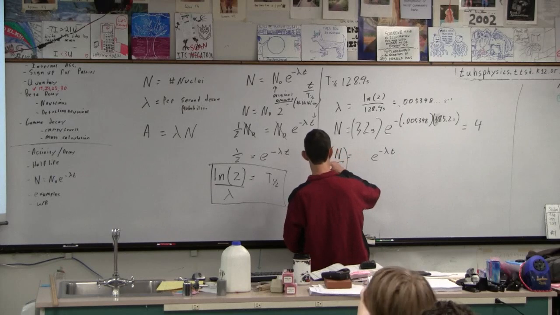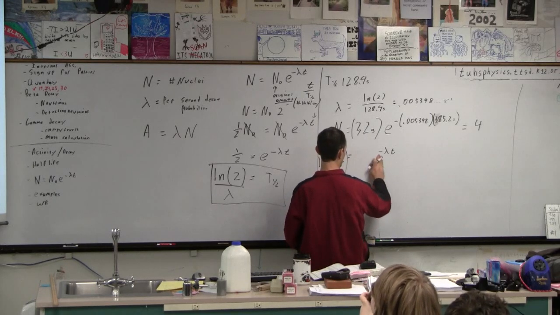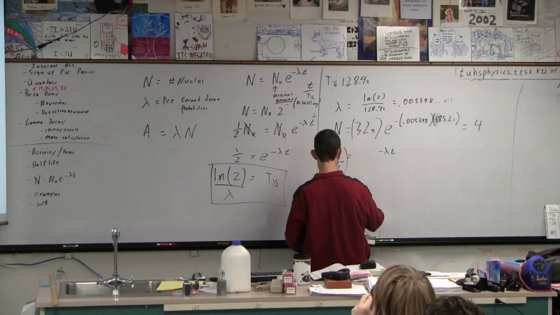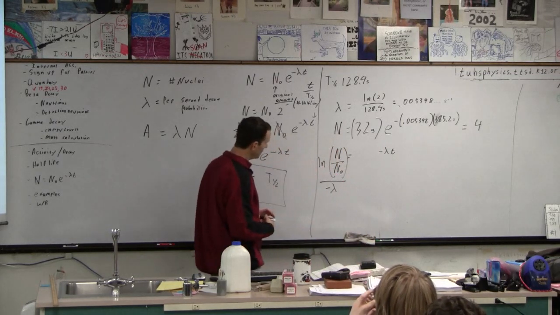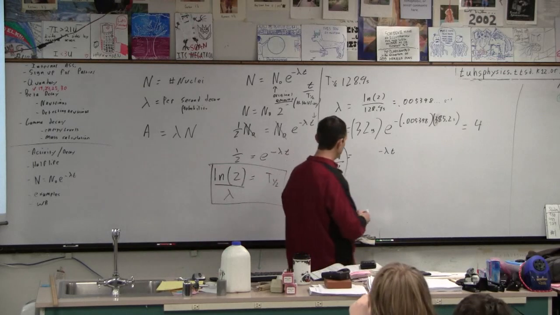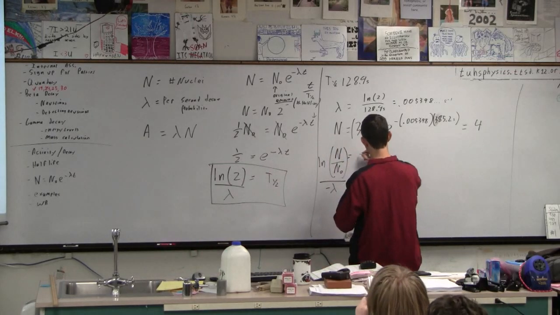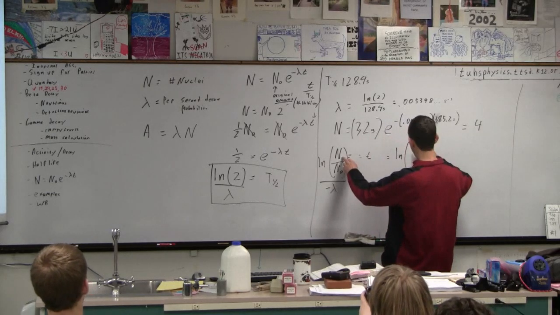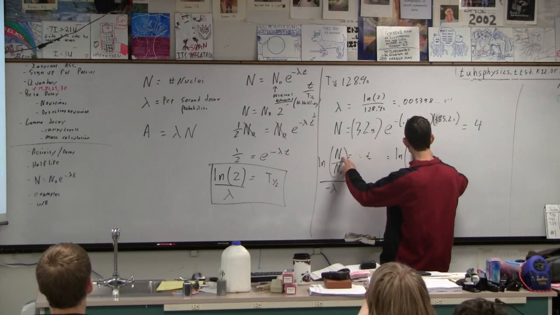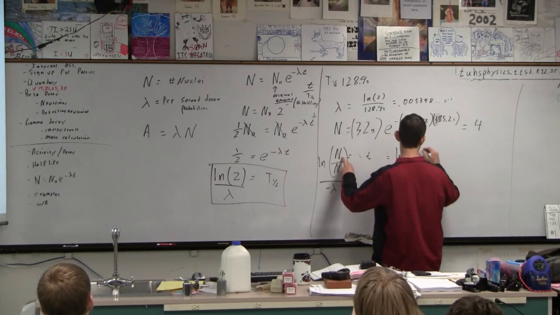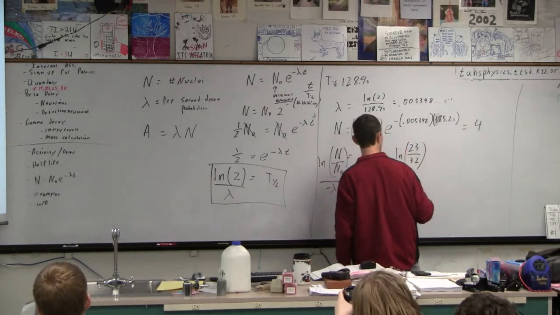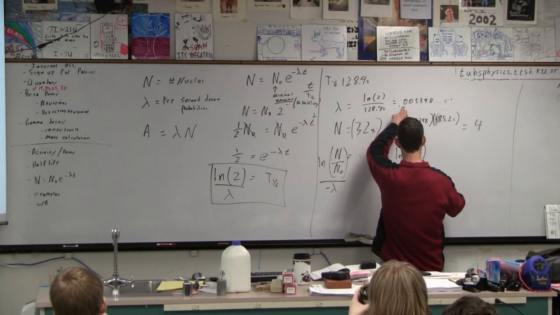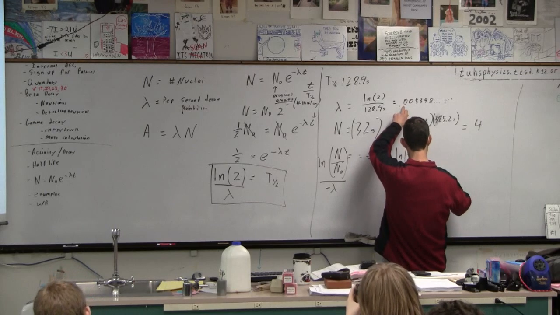Let's take the natural log of this, and put negative lambda like that. That's going to give us t. So it's going to be the natural log of how much we have left, which is 23, divided by 32, divided by negative lambda.